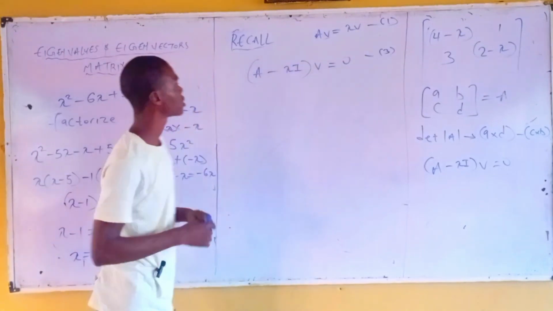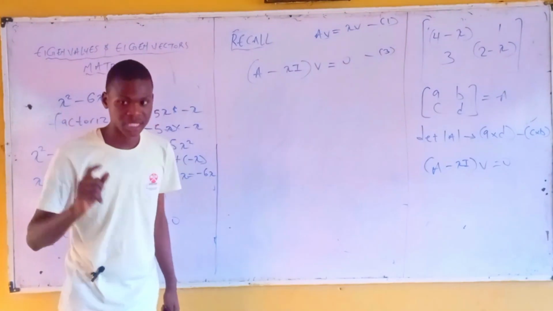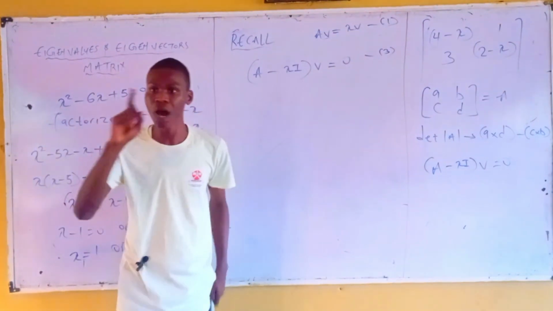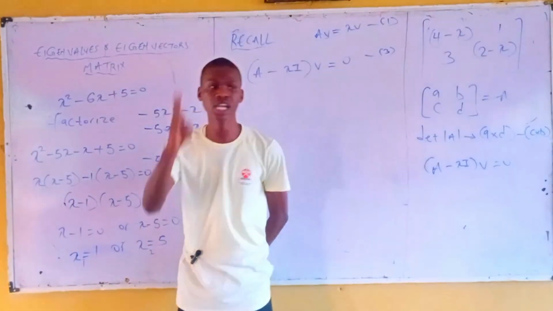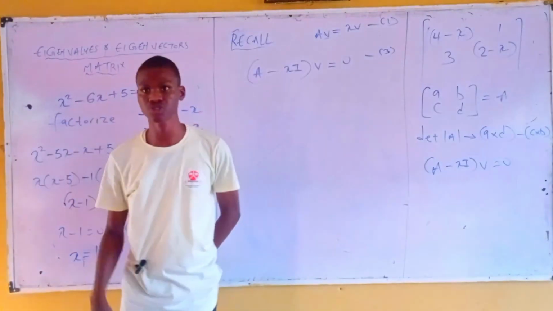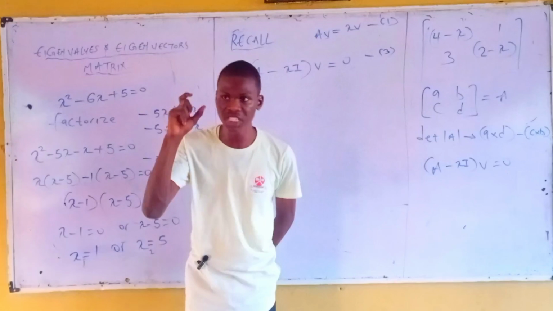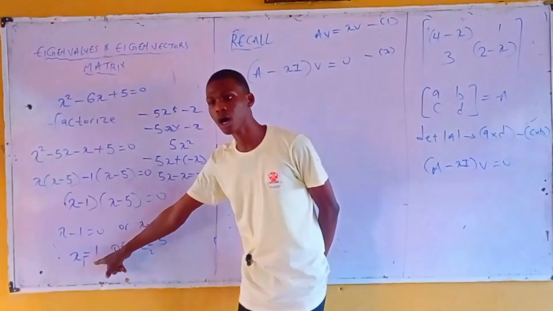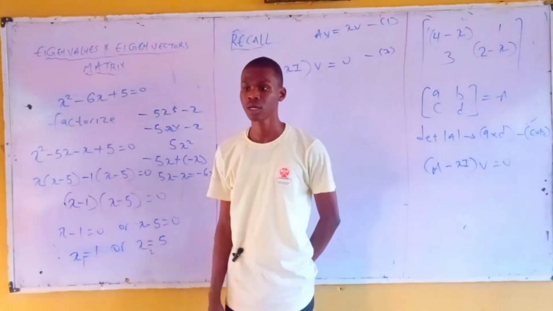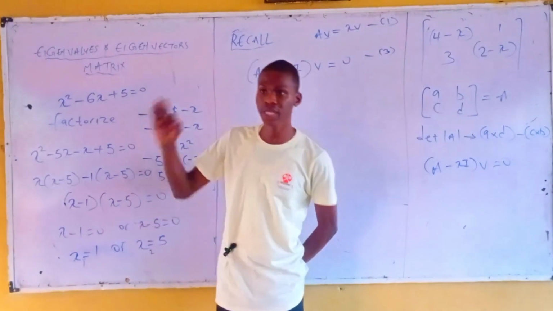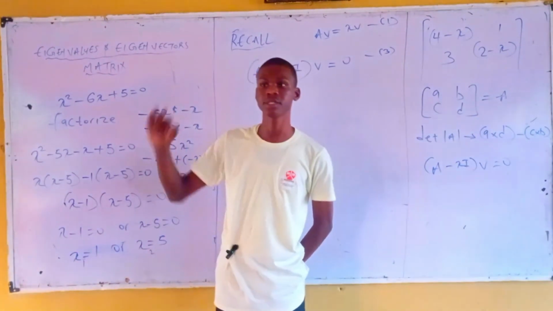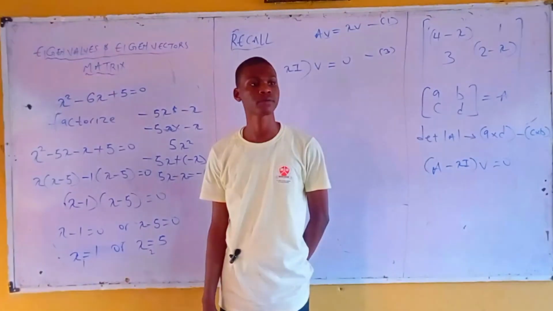Now using 1 first, since you are calculating the eigenvector, ask: is this matrix a 2 by 2 matrix or a 3 by 3 matrix? 2 by 2 matrix. So you get two values of eigenvector for a particular eigenvalue.